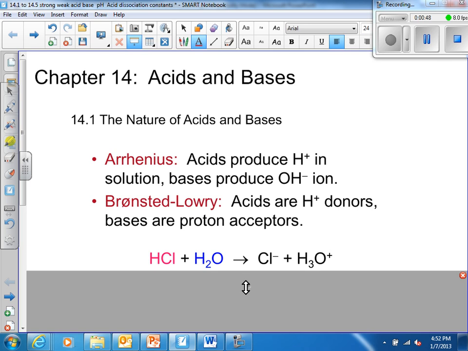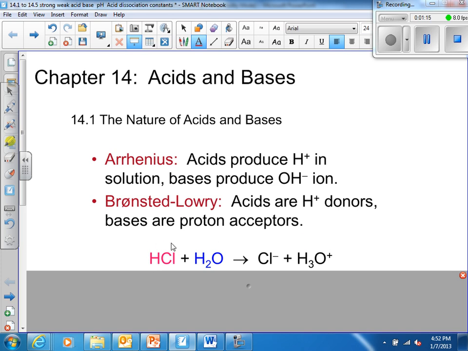Here's an example. We have HCl and H2O. So the acid, notice the HCl gave away this H plus to the water. So the HCl is going to produce H plus. That's the Arrhenius definition. By the way, H3O plus is called hydronium ion. It's the same as H plus. H pluses don't exist by themselves. They always attach onto a water.